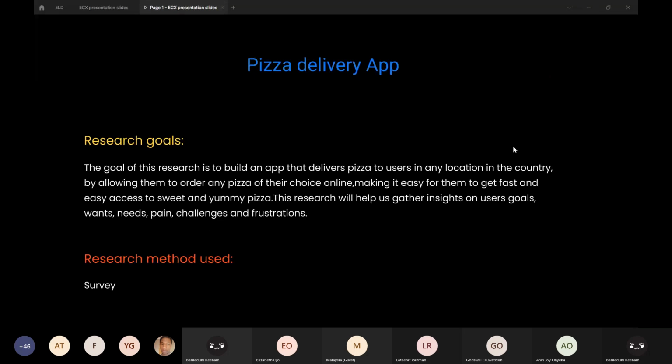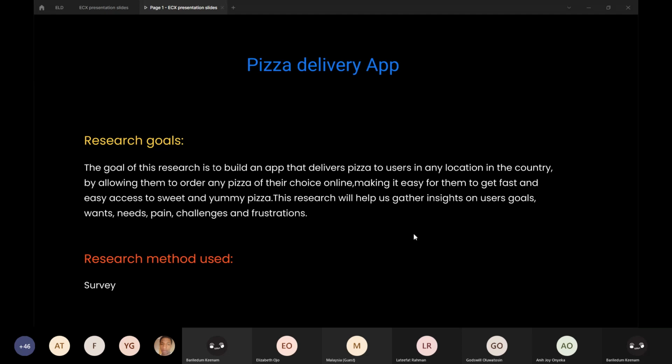So the pizza delivery app is an example of a product that we are going to use throughout the ECX session. So this research serves as the basis of the product. For the pizza delivery app, we have the research goals.